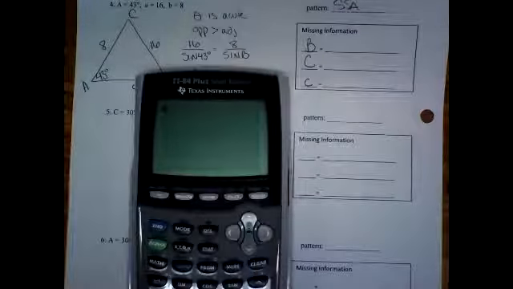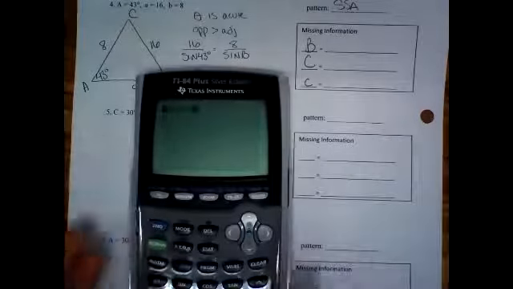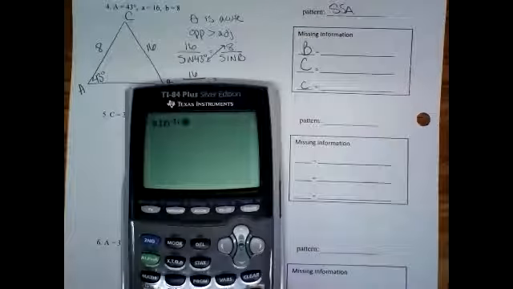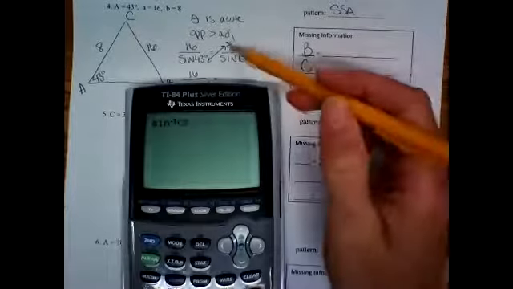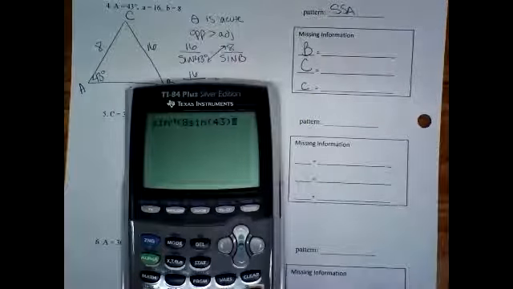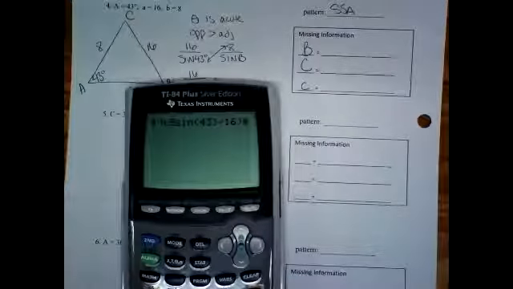Now, because you're looking for the angle, you have to do sine inverse. So here's what you're going to type. Second sine, and then you're going to cross multiply and divide. So it's second sine, and then inside of there, 8 sine of 43 divided by 16. And you just have to close the parentheses because when you hit sine, it will start a parenthesis for you.